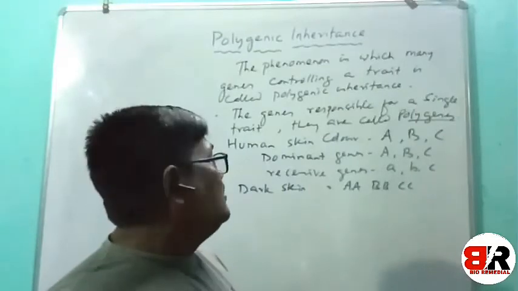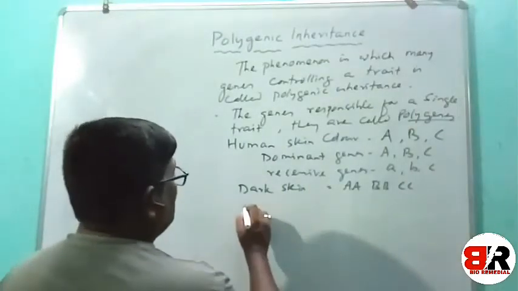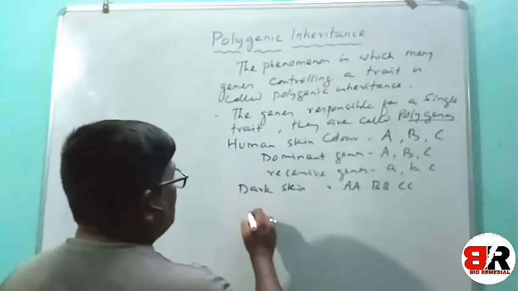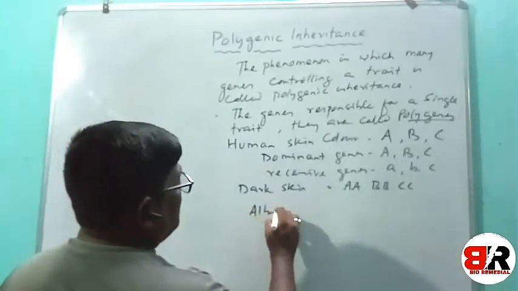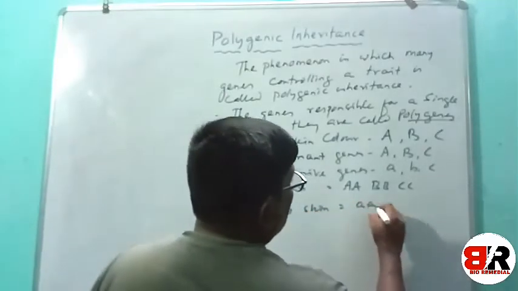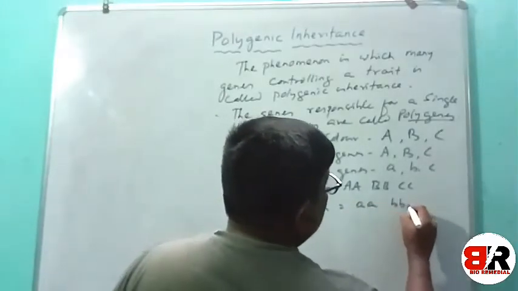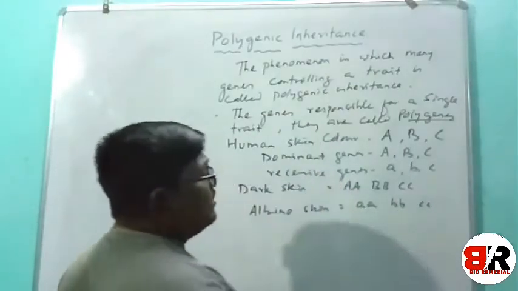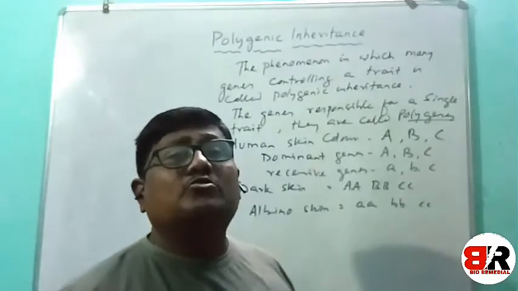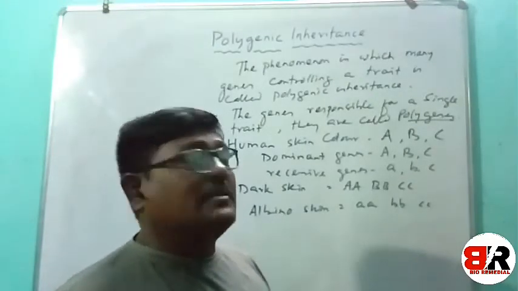This is the dark skin. The white skin, which we can call albino skin, is controlled by all recessive genes. Here, when all the genes are dominant, the melanin production is maximum and the skin becomes dark.